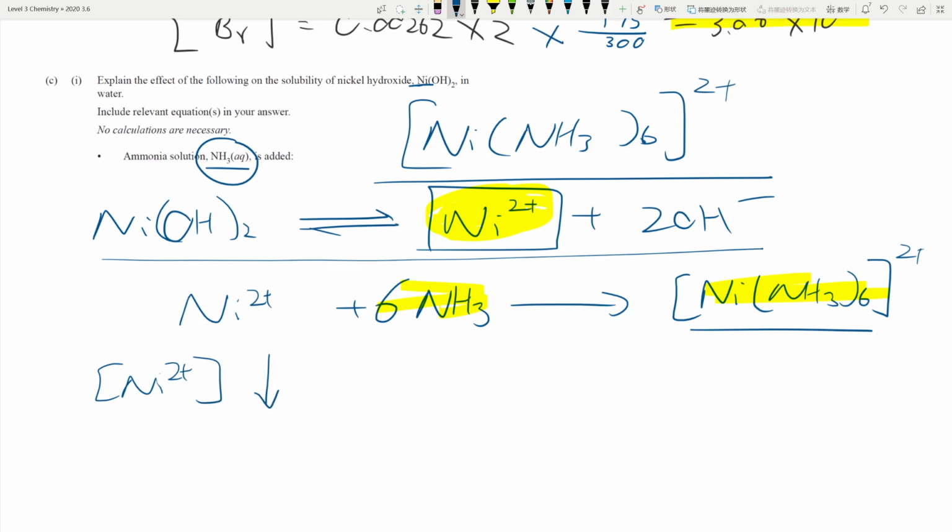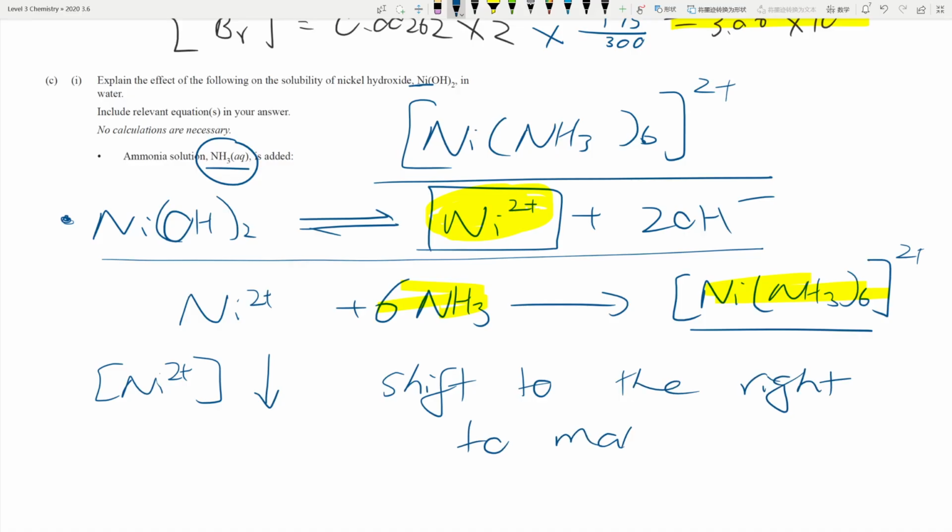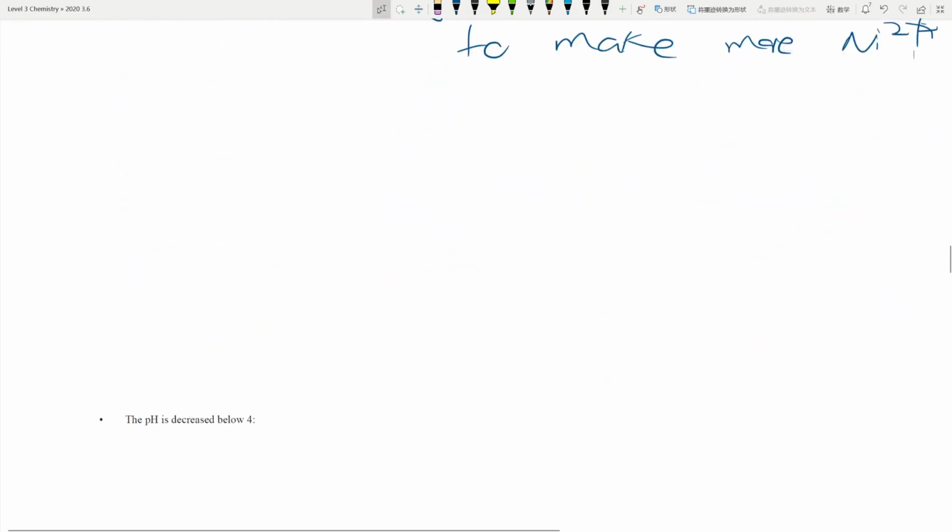If it decreases, the equilibrium is not at equilibrium anymore. It's going to shift to the right to make more Ni2+, and therefore solubility will increase. Okay, hopefully that makes sense.